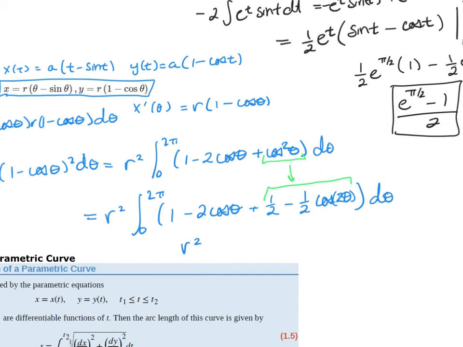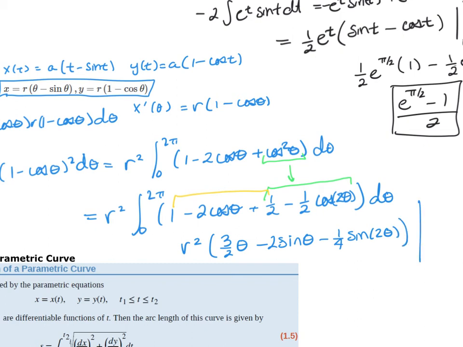I'm going to add these two, which gives me 1/2 and 1 is 1.5, or 3 over 2. So 3 over 2 theta. And then I have minus 2 sine of theta. And then when I integrate the negative 1/2 cosine of 2 theta, I'm going to end up with negative 1/4 the sine of 2 theta.